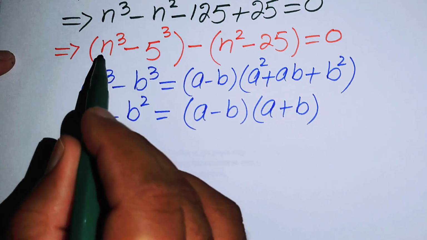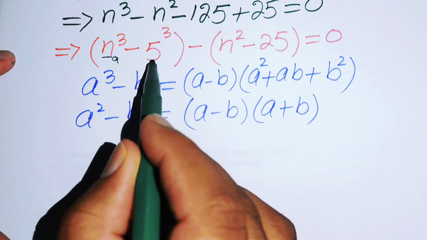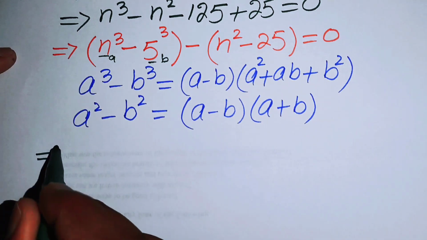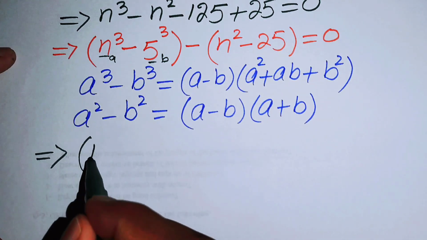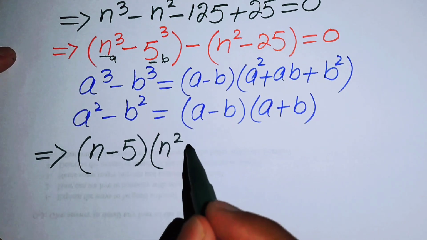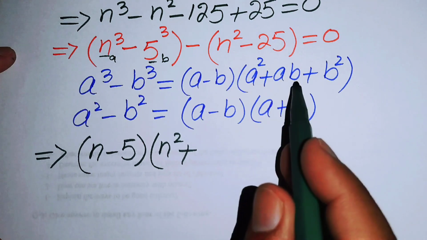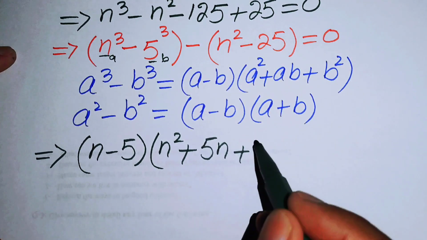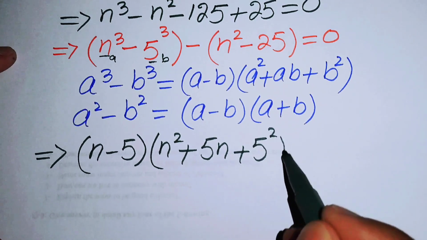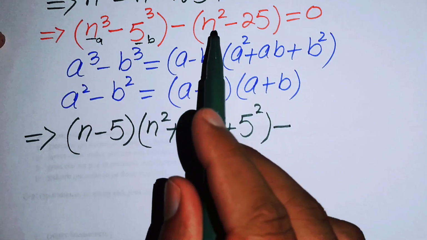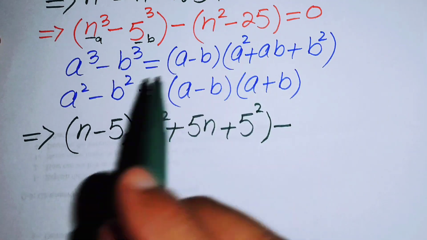In this term we have a equals n and b equals 5, so we can apply the cubic formula here and you get n minus 5 times n squared plus 5n plus 5 squared, minus n squared minus 25.